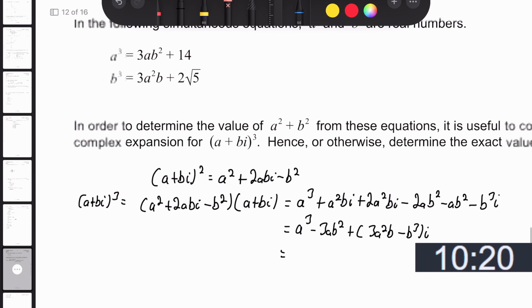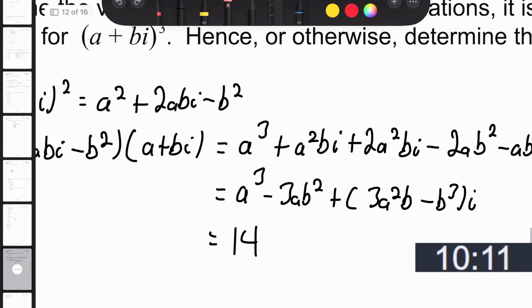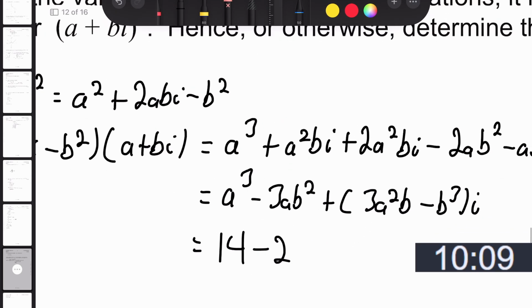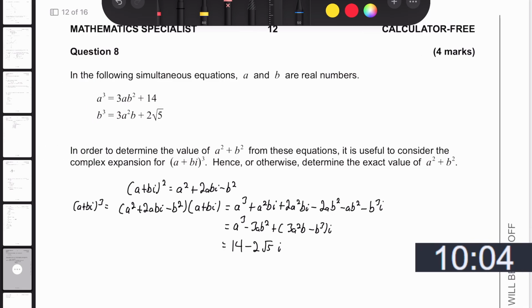So this is equal to, if I'm going to understand, 14 plus 2 square root of 5 i. I want to find a squared and b squared.